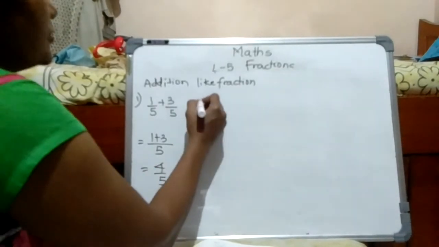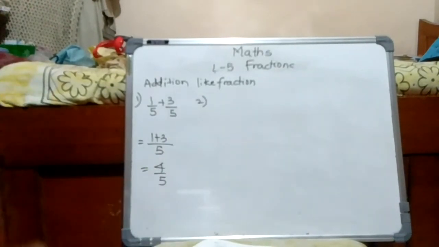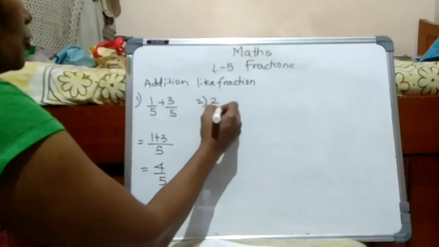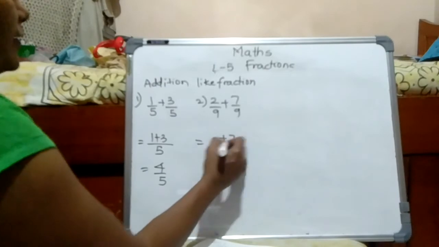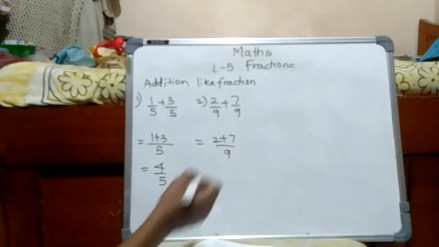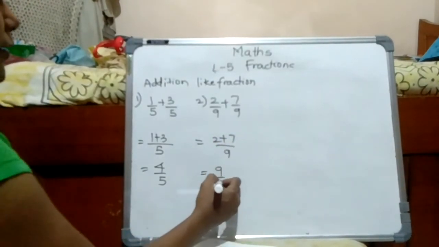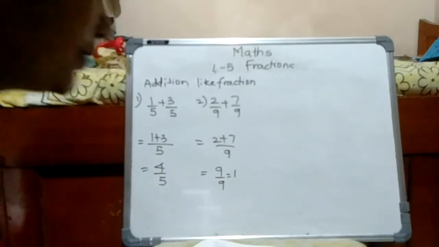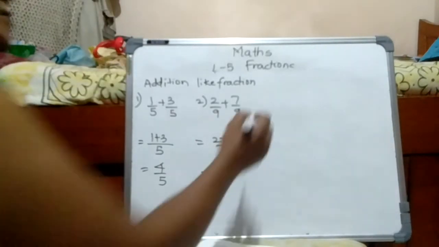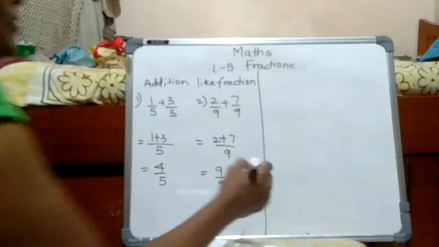Correct? Now the second one: 2 upon 9 plus 7 upon 9. 2 plus 7 upon 9. So 9 upon 9 equals 1. I hope you understood what is addition of like fractions.